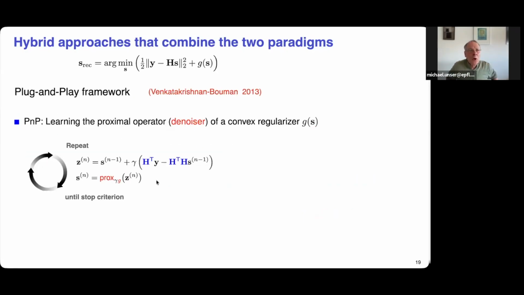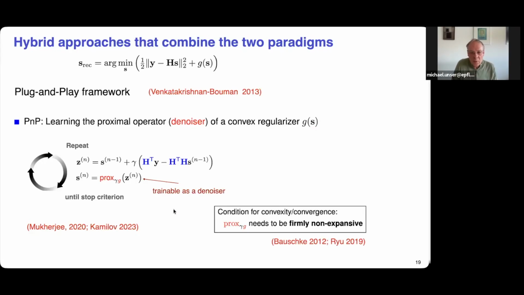Then there are other very popular approaches, plug and play, that use the idea of iterating between steepest descent to enforce consistency and denoising. Here the idea is to replace the proximal operator, specified by a G here, by some kind of implicit denoiser that could be a neural network trained for denoising.